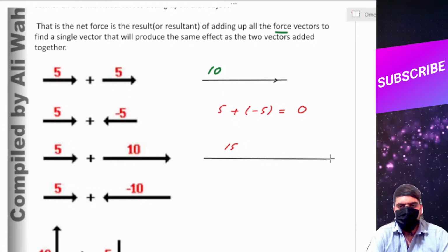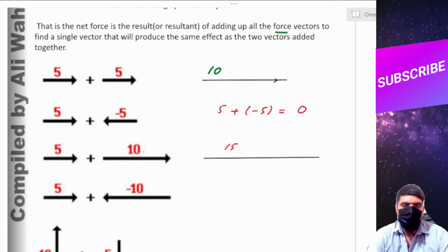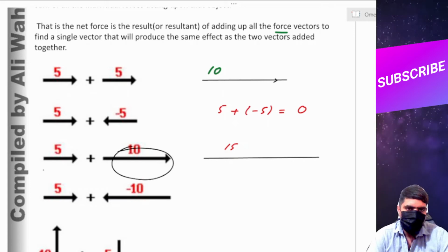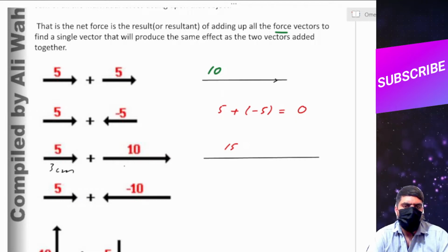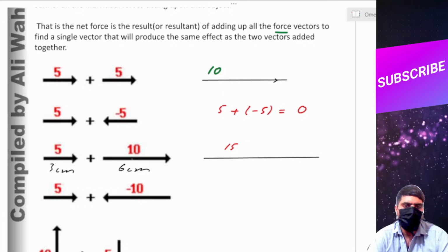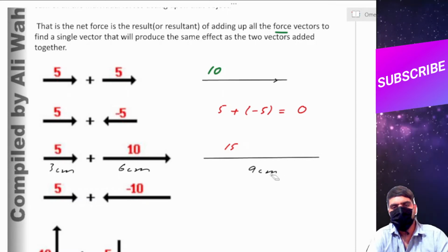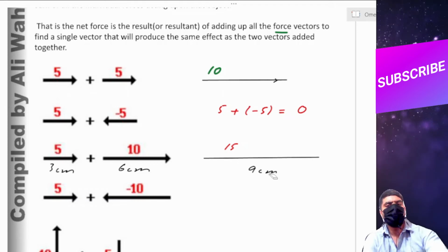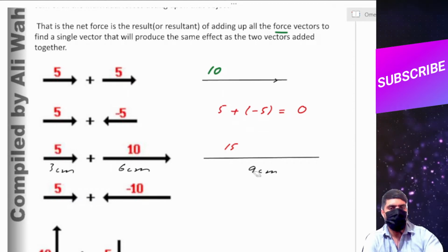The length of this one of 15 newtons should be equal to the length of this one plus the length of this one. So if this one was 3 centimeters and this one 6 centimeters, then for 15 newtons it should be 3 plus 6, 9 centimeters in length. These measurements are just for an example. It might be a little bit different once you do it on a sheet of paper.